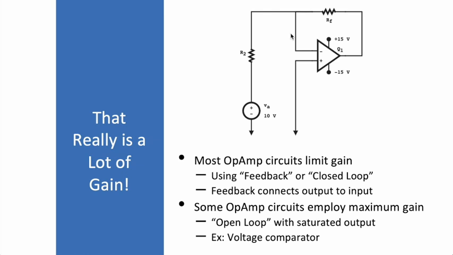Now, in other cases, we do allow the op-amp to saturate, making use of that maximum gain. These would be referred to as open loop configurations, as opposed to the closed loop configurations. One example of that is a simple voltage comparator. Suppose you had two voltages coming in and one of them represented the current speed of a device and the other represented a speed limit.